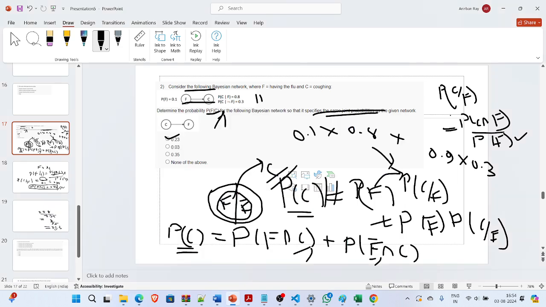So what I was explaining is that P of C is the total probability.